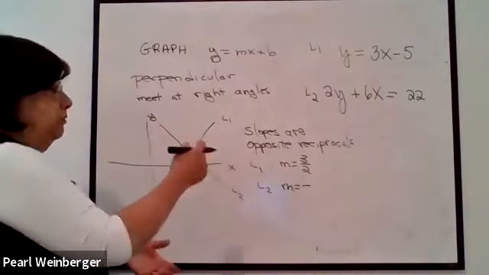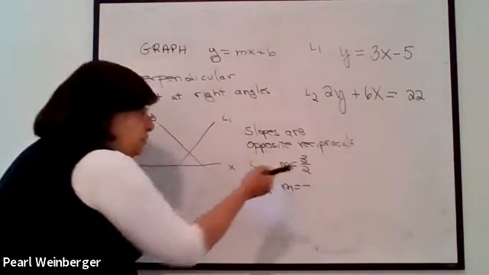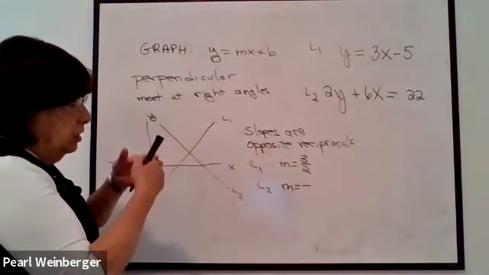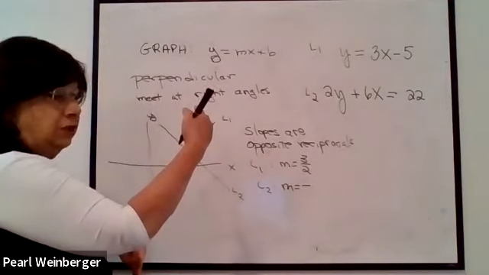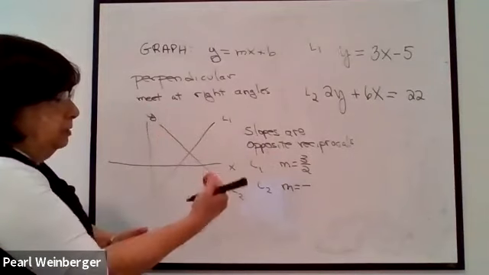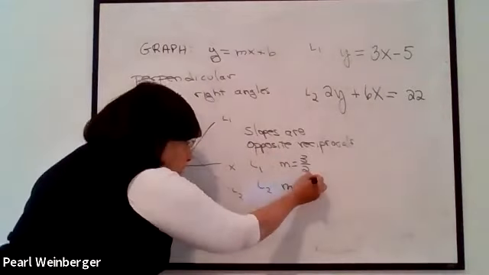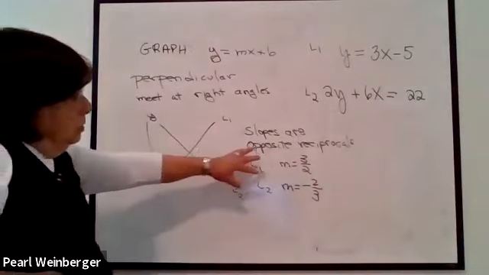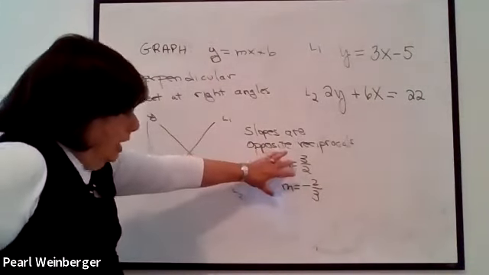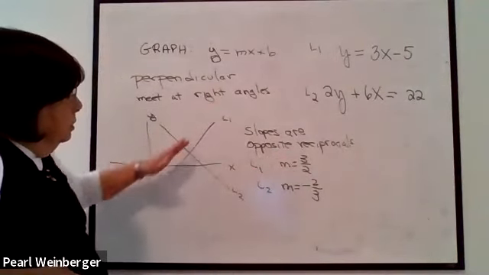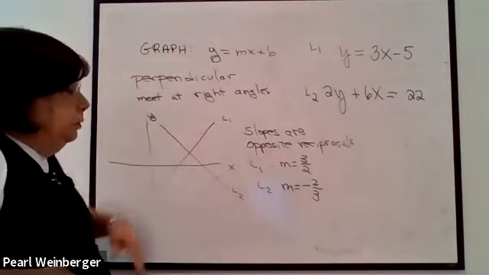And reciprocal, flipped over. The reciprocal of a fraction is the exact same fraction, only switching the top and the bottom. The numerator becomes the denominator and the denominator becomes the numerator. If you have this situation where your slopes are opposite reciprocals, then the lines will be perpendicular.